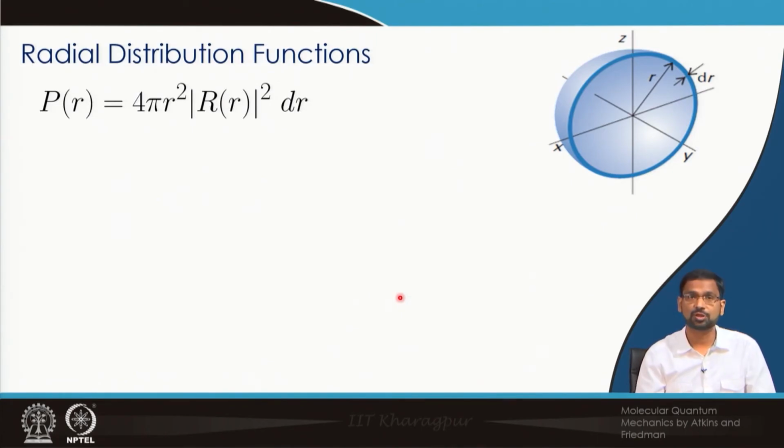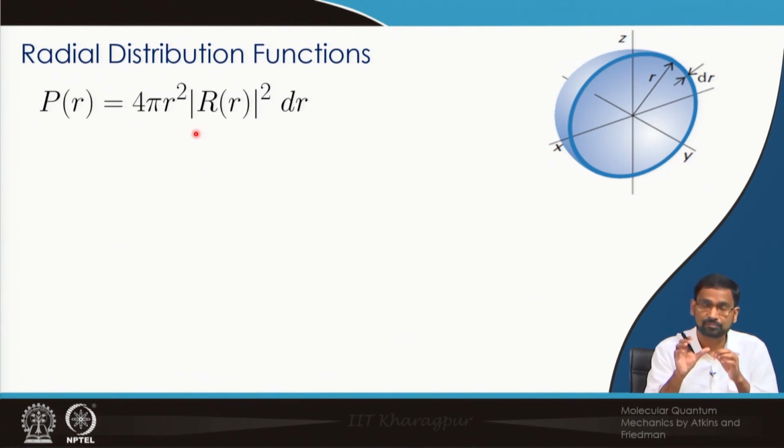This radial distribution function is obtained in the following way. Imagine what we actually want to know is the probability of finding this electron at a certain value of r away from the nucleus, no matter what the value of theta and phi is.